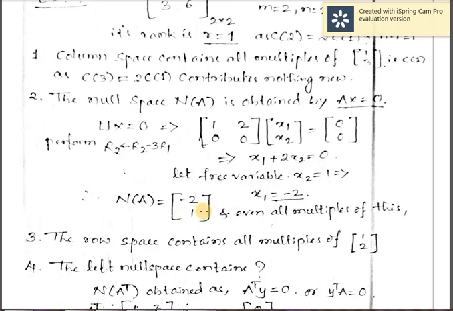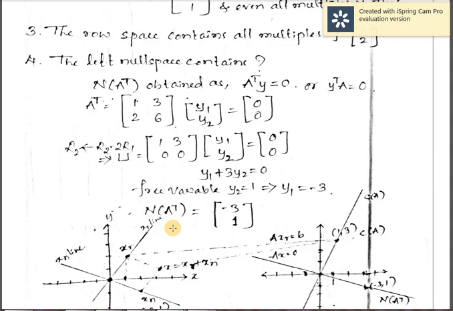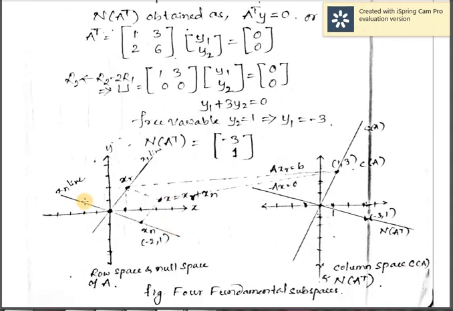We take a line joining 0 and minus 2, 1, with minus 2 on the left side and 1 up.